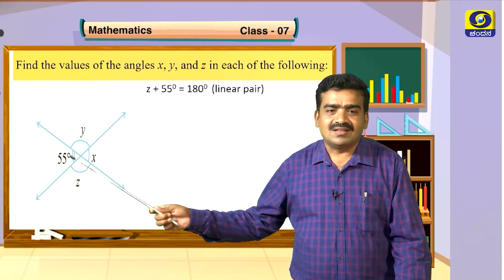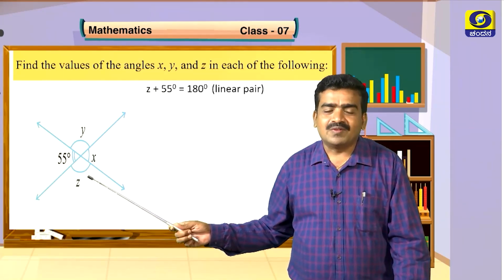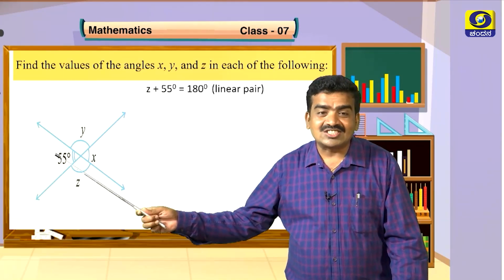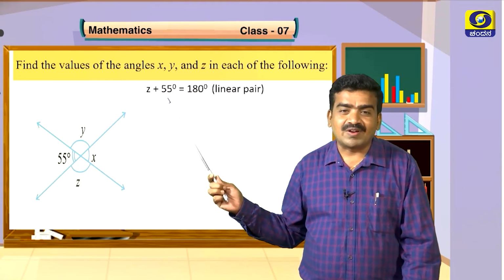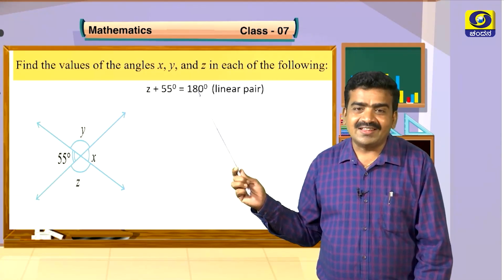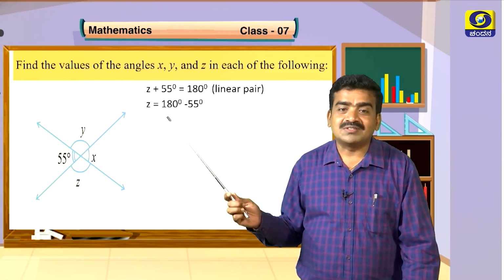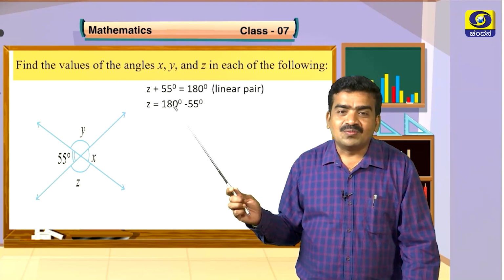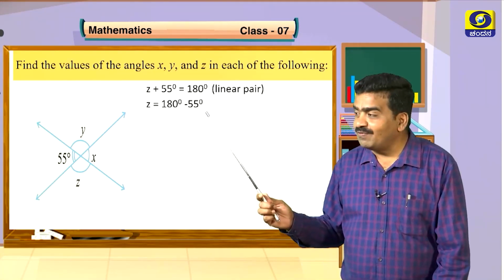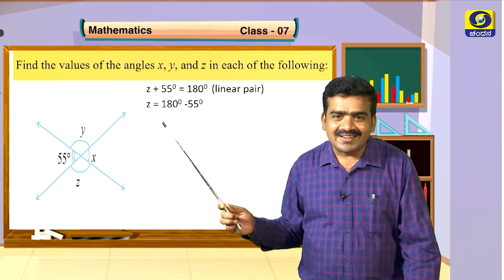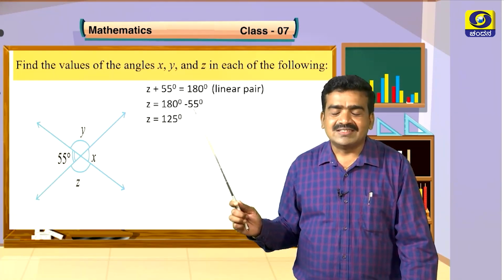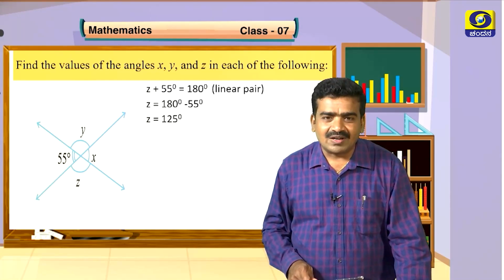You know that the sum of these two angles will be 180 degrees because this ray is standing on a straight line. Therefore, z plus 55 degrees is equal to 180 degrees, they are a linear pair. Then z is equal to 180 degrees minus 55 degrees. Subtract 55 degrees from 180 degrees, what will you get? Yes, you will get 125 degrees.